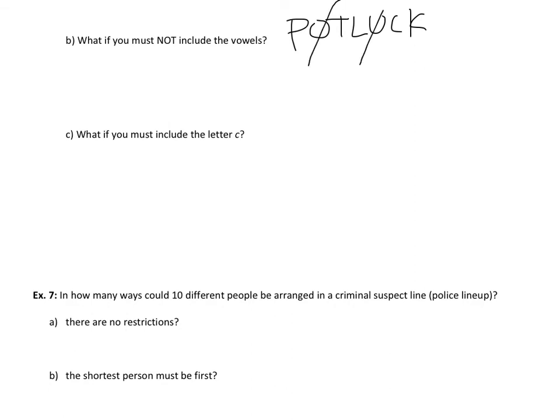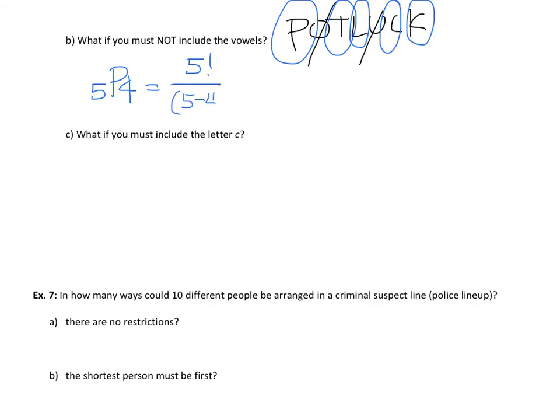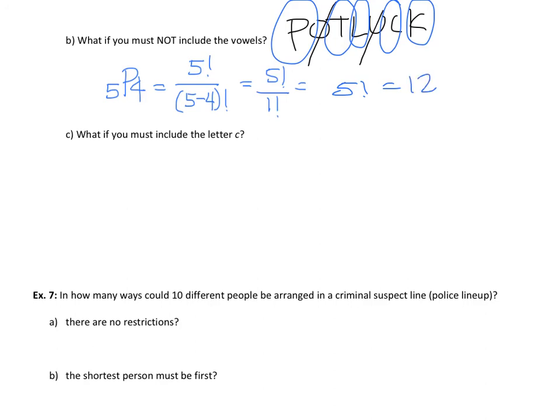So now we're only left with P, T, L, C, and K. Since we only have 5 letters to deal with, and we still want to make a 4-letter arrangement, we have 5P4, which is equal to 5 factorial over 5 minus 4 factorial, which is equal to 5 factorial over 1 factorial, which is equal to just 5 factorial, which is equal to 120.